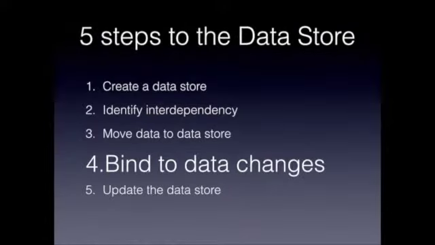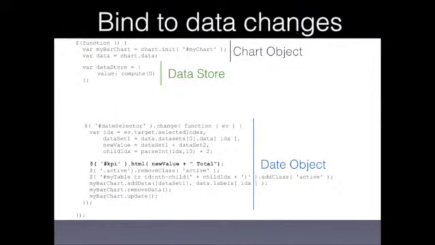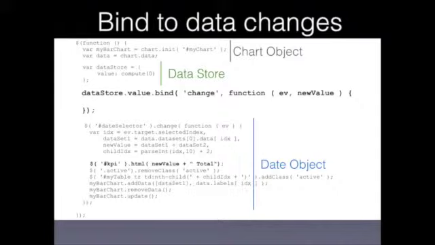Fourth step is we're going to bind to data changes. So here's our objects again and our data store. And here is the compute's event handler. Data store.value bind to changes on the data store.value.